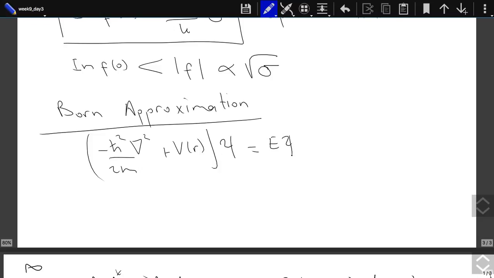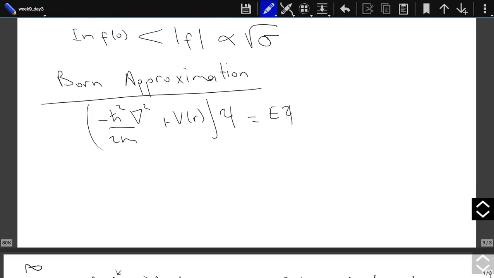This is what we wanted to solve. And we wanted to find scattering solutions of this which look like a plane wave plus a spherically outgoing wave. So this was our initial perspective. And if we just identify the spherically outgoing piece, then that gave us the f, or the differential cross-section.